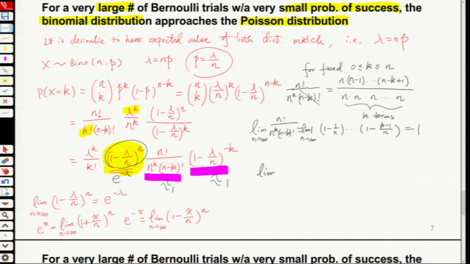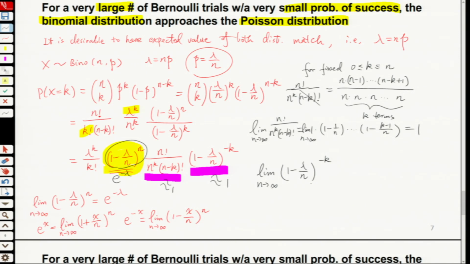Now let's see the next part. The limit as n goes to infinity of (1 minus lambda over n)^(minus k). So lambda is constant, okay, and it is small, not infinitely large, right? So n is very large. So when n goes to infinity, lambda over n goes to 0.